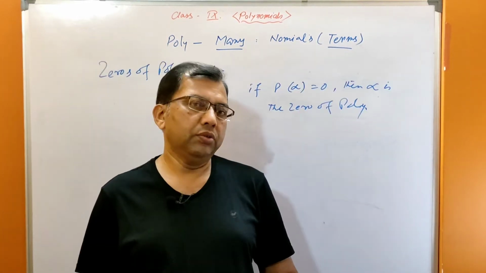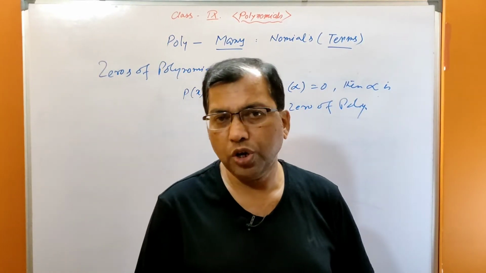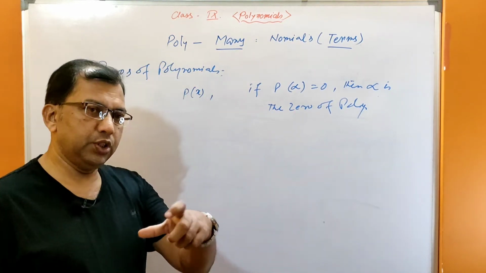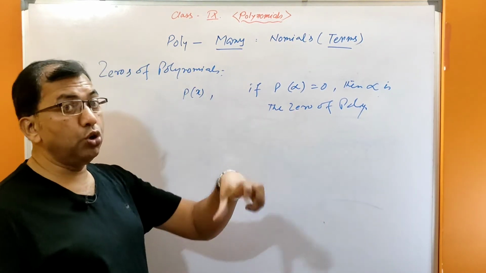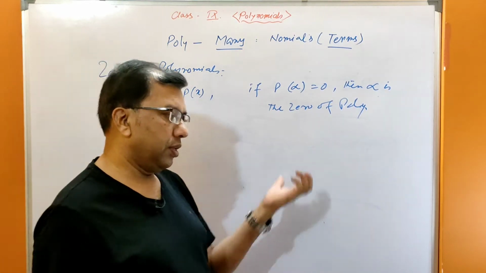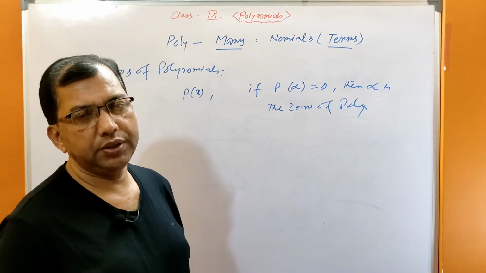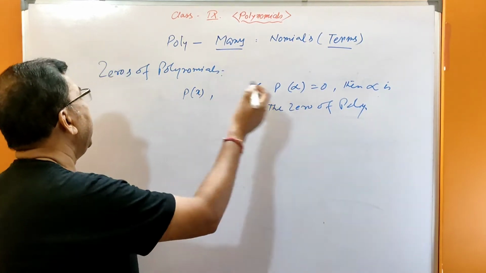Next, what are the zeros of polynomials? Zero polynomials I have discussed, but now zeros of polynomials. What are zeros? Let px be a polynomial.